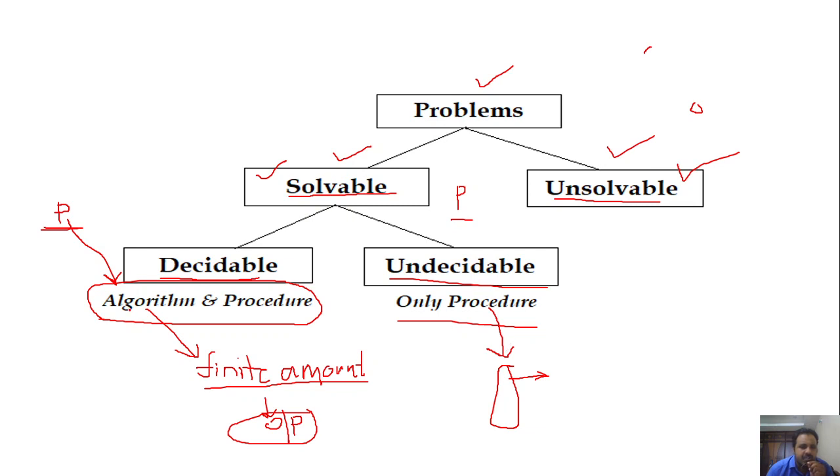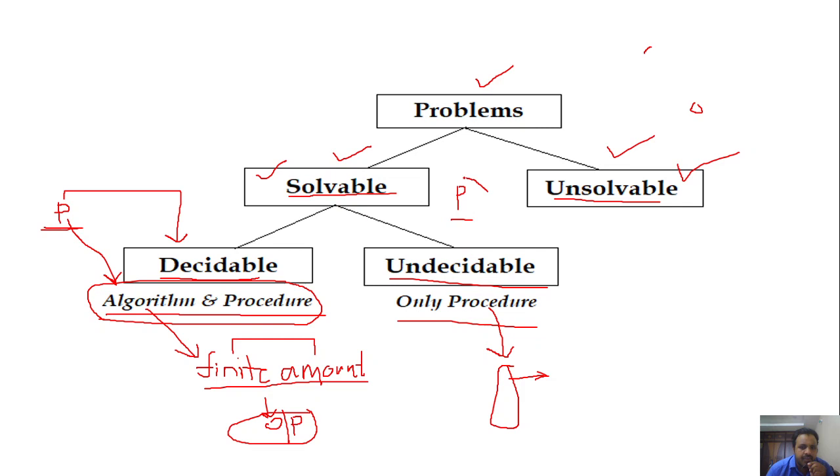So for an algorithm, there is a finite set of instructions, and also there is a finite amount of time. That means it takes some finite amount of time to execute, whereas in the procedure we cannot predict the execution time. Okay, so that is the major difference between the algorithm and the procedure. So here a problem P will be considered as a decidable problem if for that problem P there exists an algorithm and procedure.